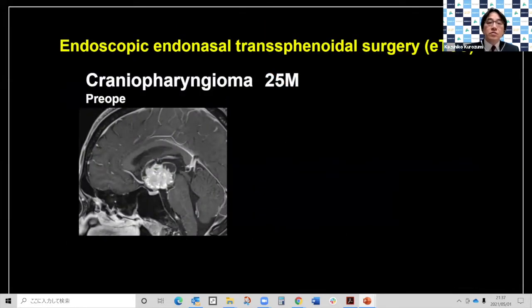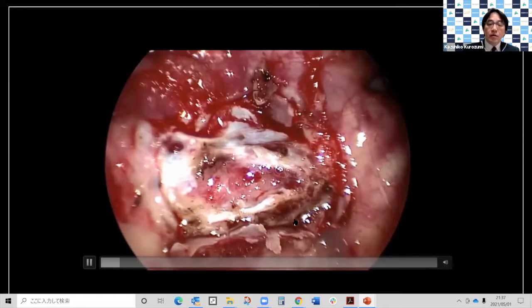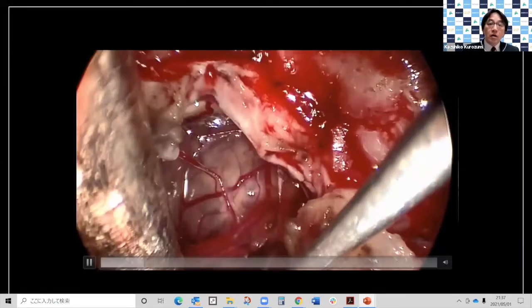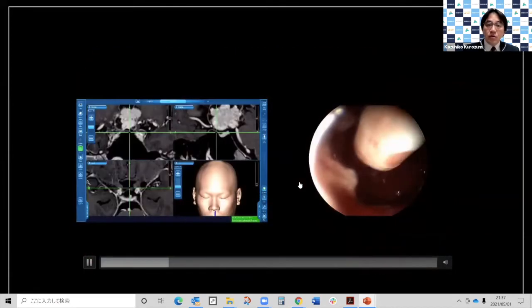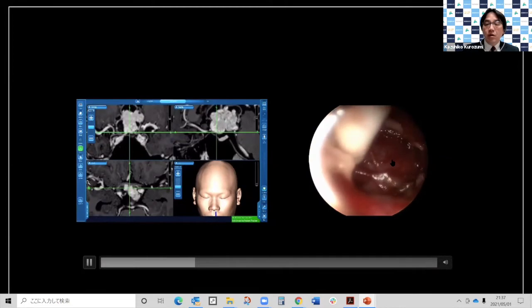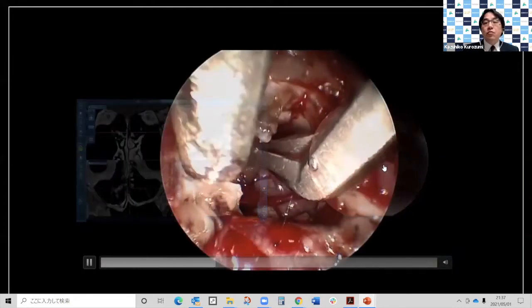For example, this is a craniopharyngioma patient in the third ventricular area. This is a normal pituitary gland, and here is the optic chiasm. This is a tumor. We are using a navigation system, an electromagnetic neuronavigation system.